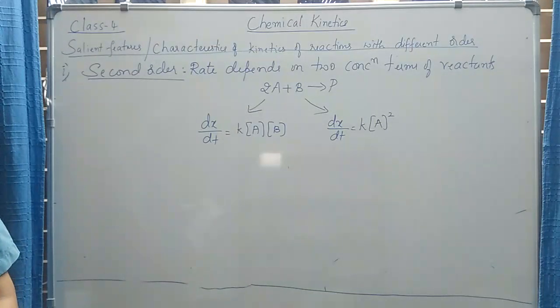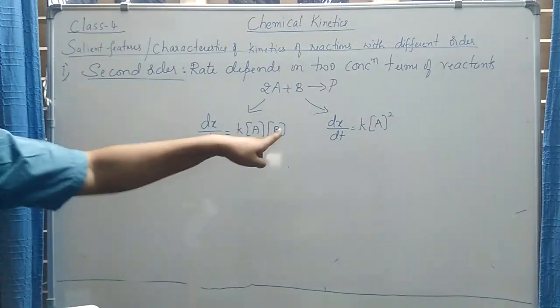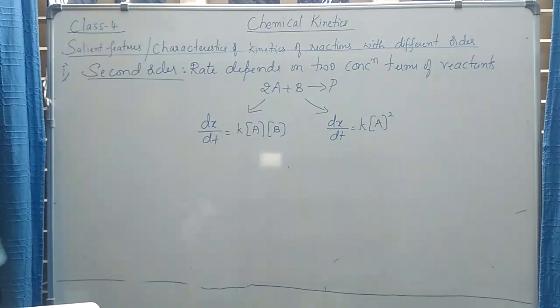The rate of the reaction may depend on two concentration terms of the same reactant, or one concentration term of each reactant. So for a second order reaction you have two types of cases: if the initial concentrations of the reactants are the same, and if the initial concentrations of the reactants are different.